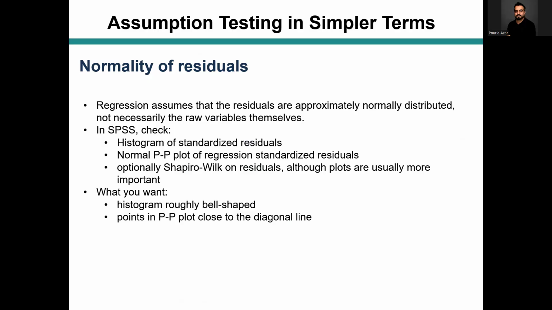When we say errors are approximately normally distributed, that means we don't have any problem with errors or measurement error. What we want to see is that the histogram is roughly bell-shaped, and the points in the PP plot are close to the diagonal line.